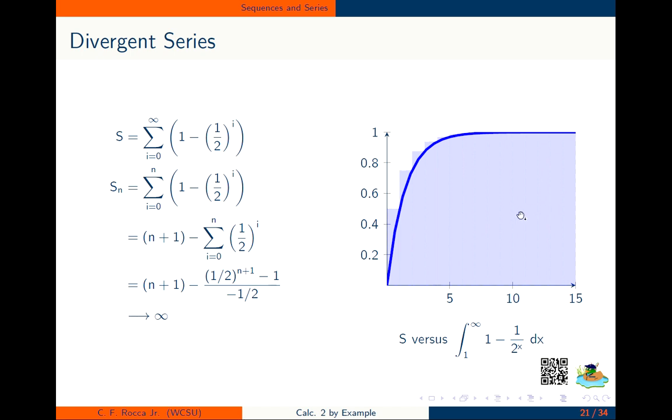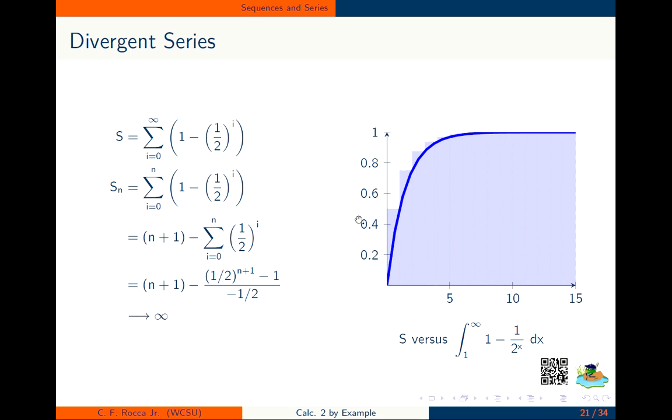So effectively, we're adding up infinitely many rectangles with a height of 1 and a width of 1. We could compare that to the improper integral from 1 to infinity of 1 minus 1 over 2 to the x, and if we evaluated that improper integral, that would be infinite as well.